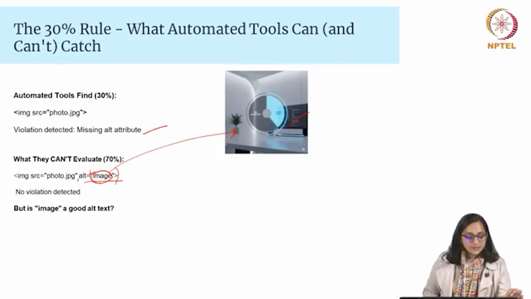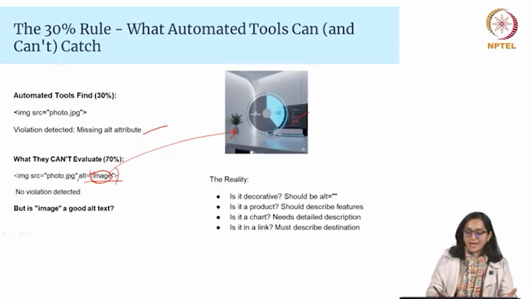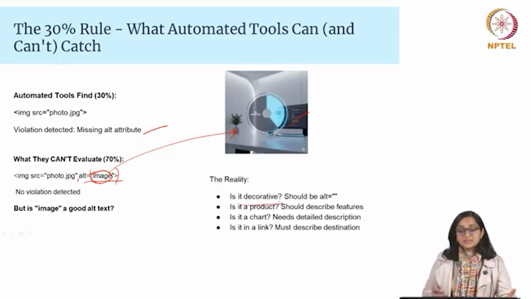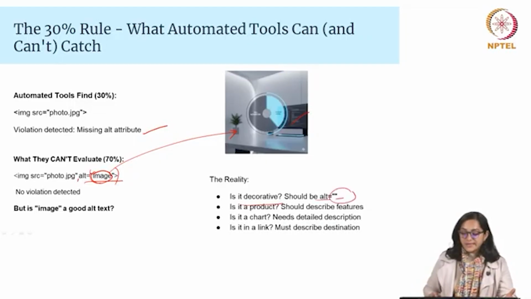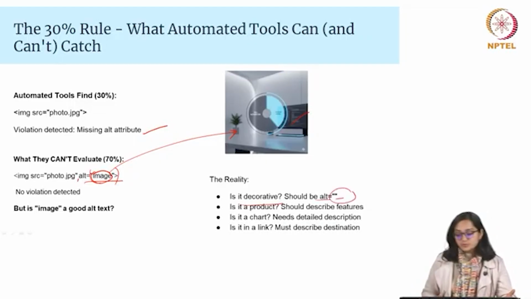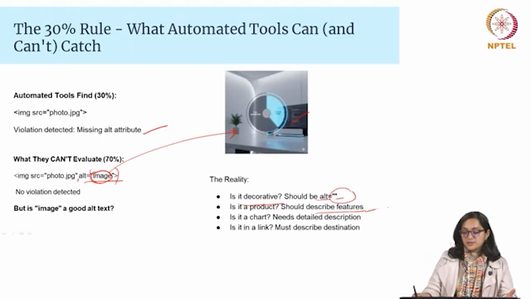But is "image" a good alt text? Definitely not. This is why we cannot rely only on the automated tools. So we have to ask all of these questions. Is it decorative? Then it should be alt equal to empty text. Is it a product? Then describe the features.